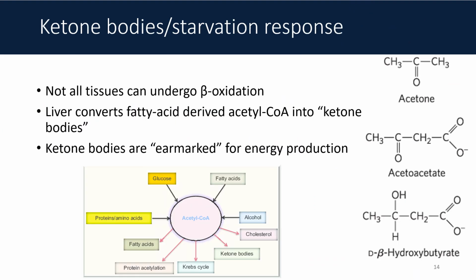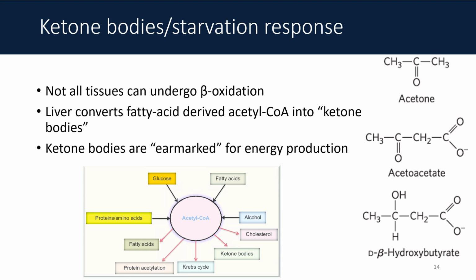When all is said and done, we can derive quite a bit of energy from fat molecules. Remember that 40% of our daily energy made comes from beta-oxidation. This chemistry isn't perfect, though. The brain, for example, among other tissues, is not programmed well to catabolize fatty acids.